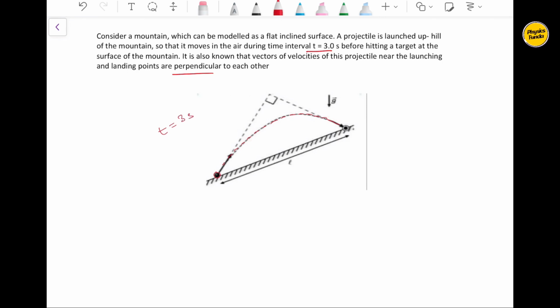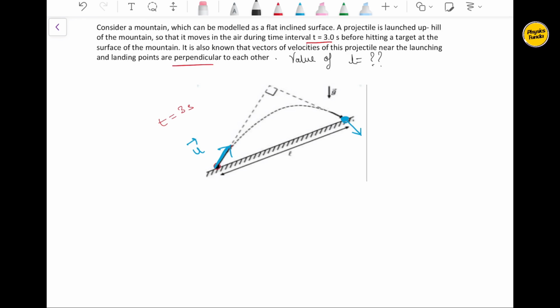And it is also known that the initial velocity vector u just before launching and just before hitting the mountain surface, these velocity vectors are perpendicular to each other, as we can see from the figure. In the question they're asking for the value of L.